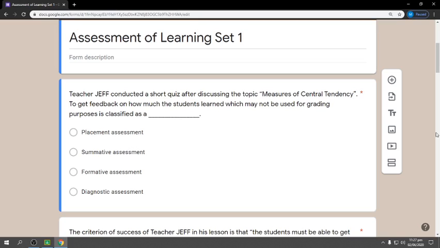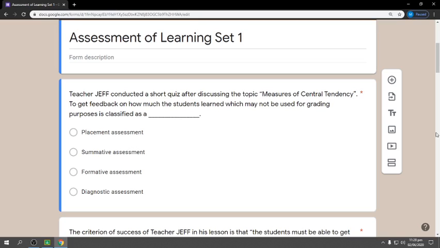The thing about summative is that it is recorded, true, but it's definitely graded, right? So that already eliminates the second option. We now have C and D. So that gives us a 50% chance of being right. So now we will be choosing between formative and diagnostic.